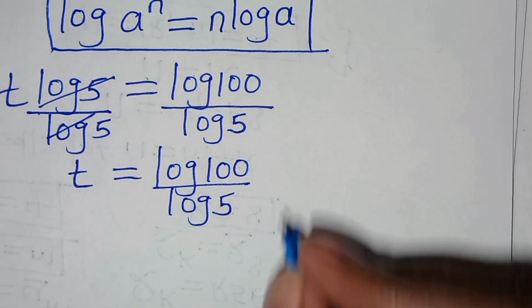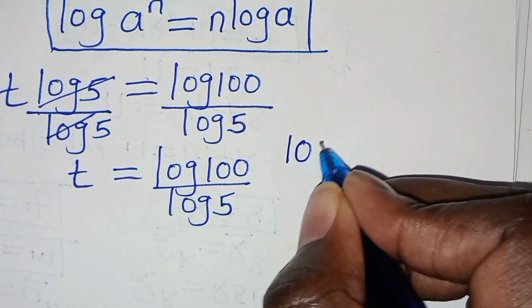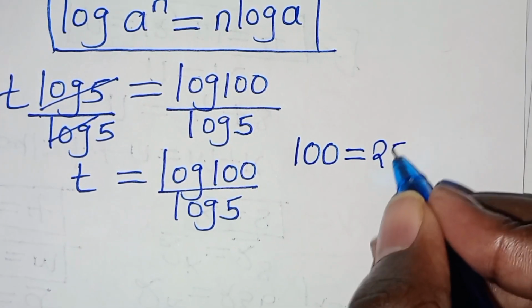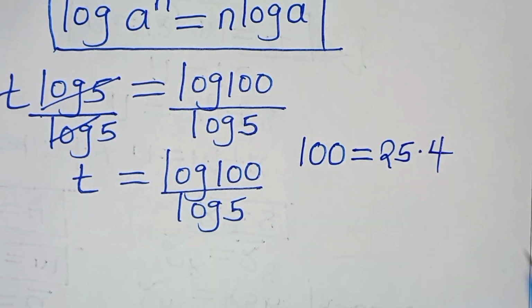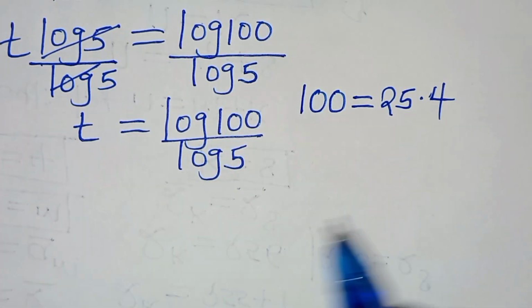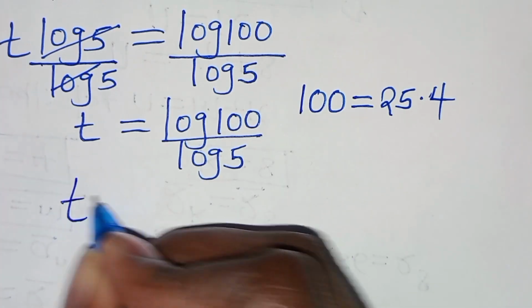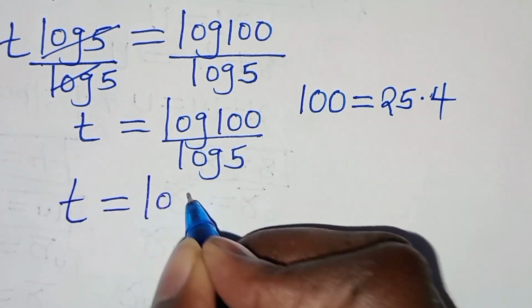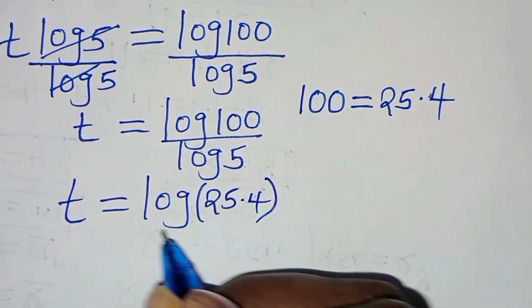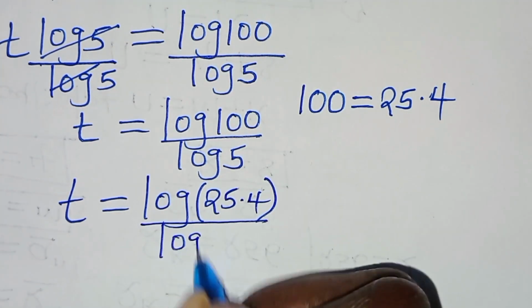The next step from here, we can express 100 as 25 multiplied by 4. Substituting this, we have t equal to log of 25 times 4 divided by log 5.